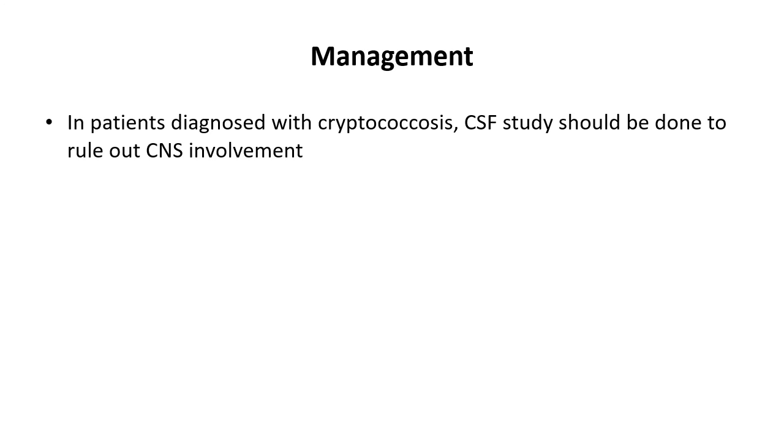The first line of therapy for cryptococcosis is amphotericin B in conjunction with flucytosine and ultimately fluconazole. However, success has also been reported in non-immunocompromised and relatively immunocompromised patients with primary spinal osteomyelitis using fluconazole therapy alone.